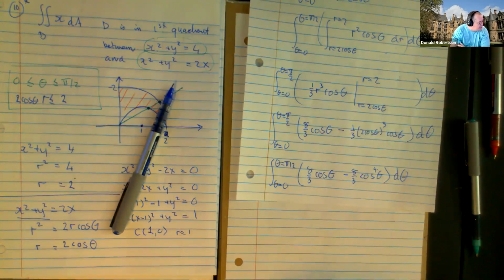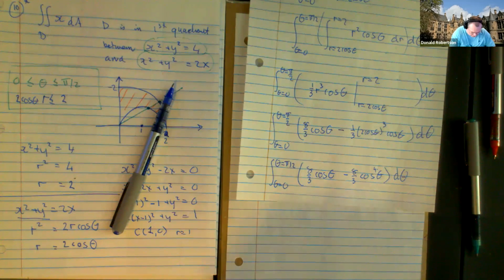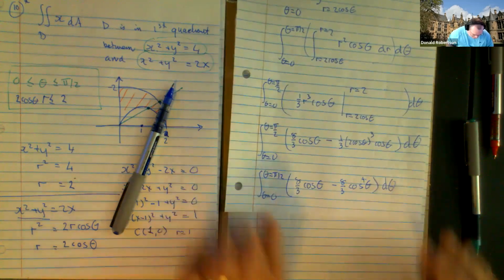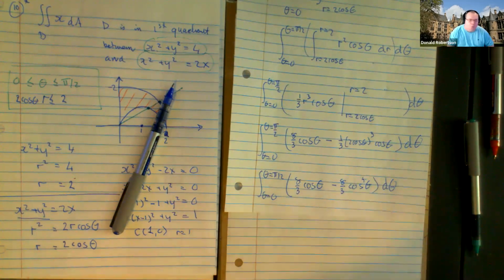Where are we going? How do I integrate that?